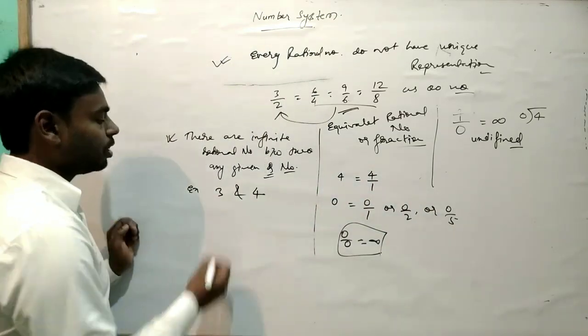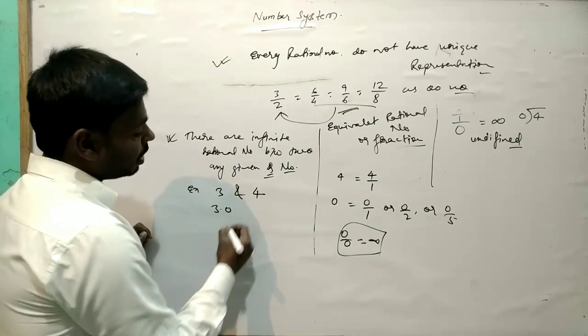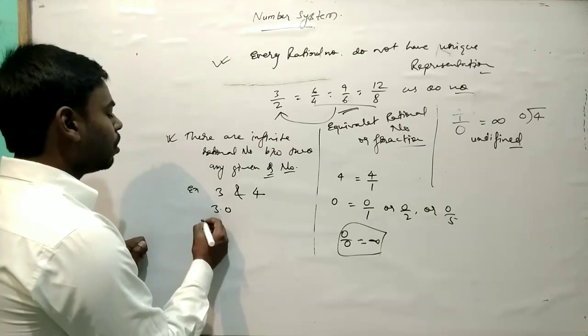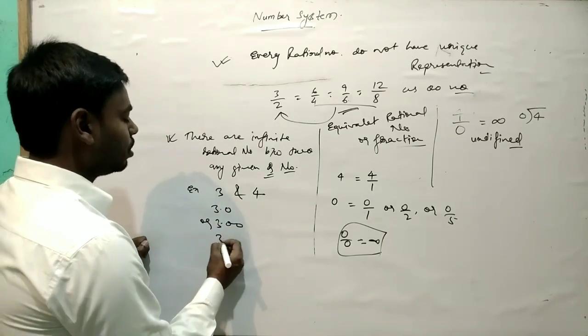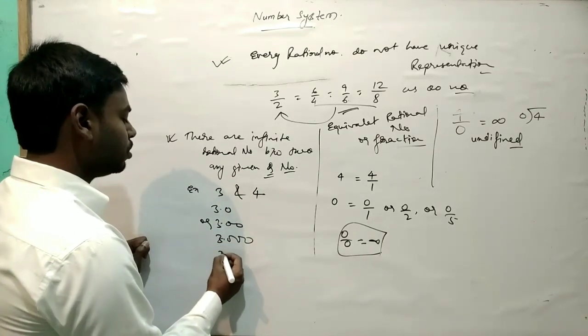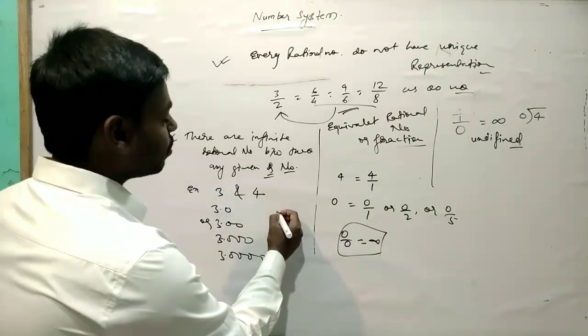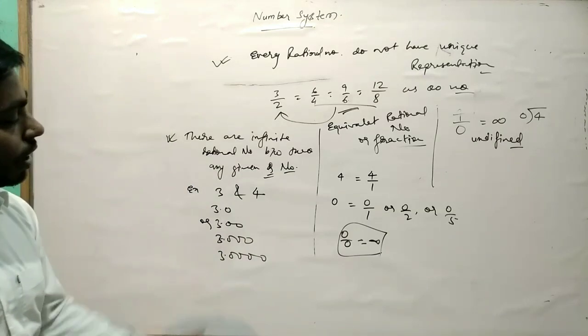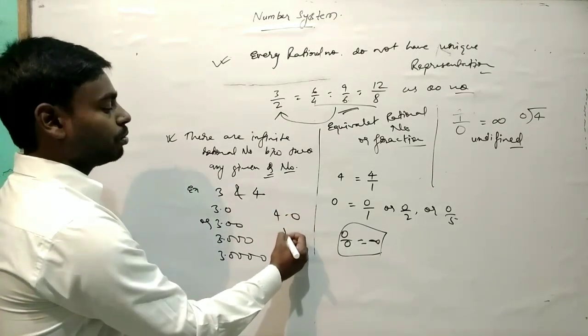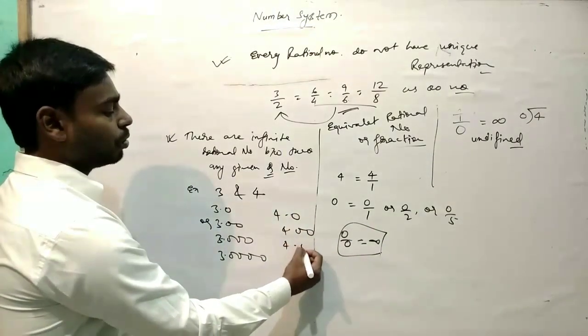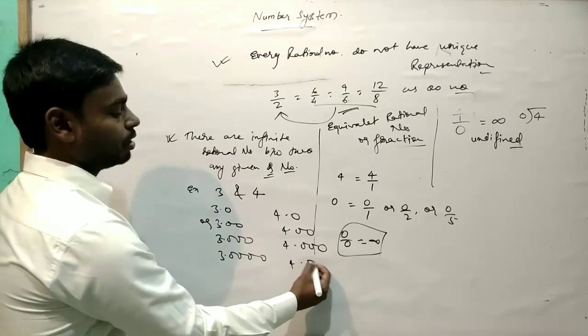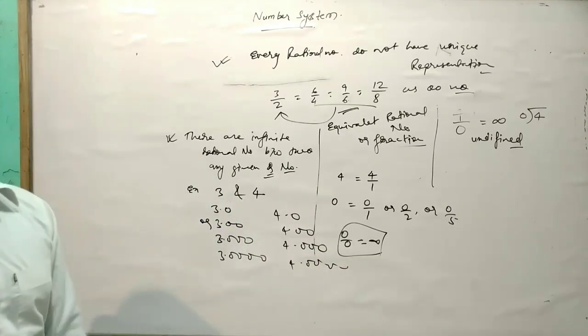How is it possible? 3 can be written as 3.0 or 3.00 or 3.000, and similarly 4 can also be written as 4.0, 4.00, 4.000, and so on.